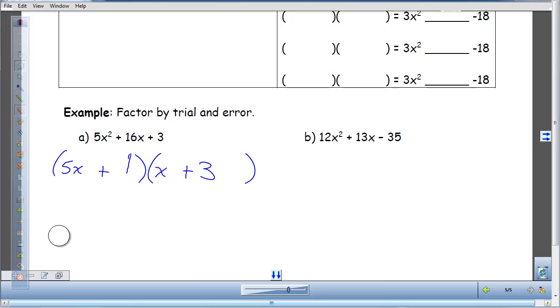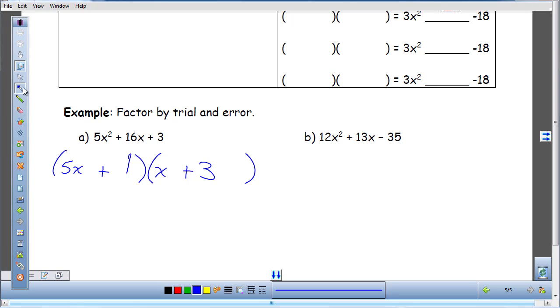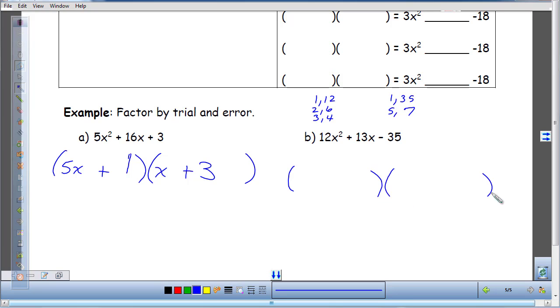Okay. For 12x, we could have 1 and 12, 2 and 6, 3 and 4. That's a lot of possibilities. For 35, 1 and 35, and 5 and 7. So we might be here a minute trying things out.